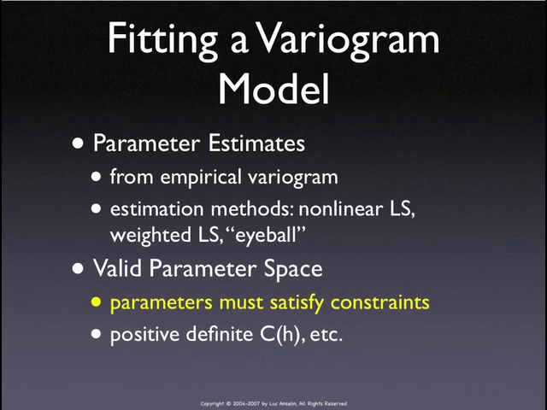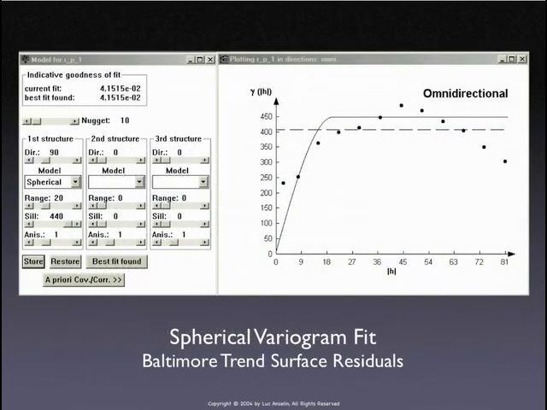So you have to make sure that the results that you come up with for the parameters are actually legit in the sense that I just described for these valid models, that they are positive definite, that the covariance matrix is positive definite, and so on. Because you don't want to have any negative variances. And let me just illustrate this.